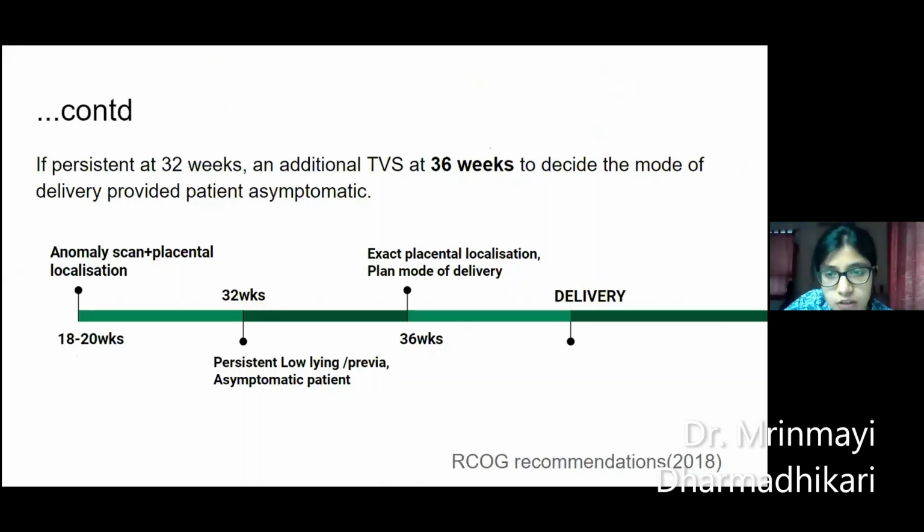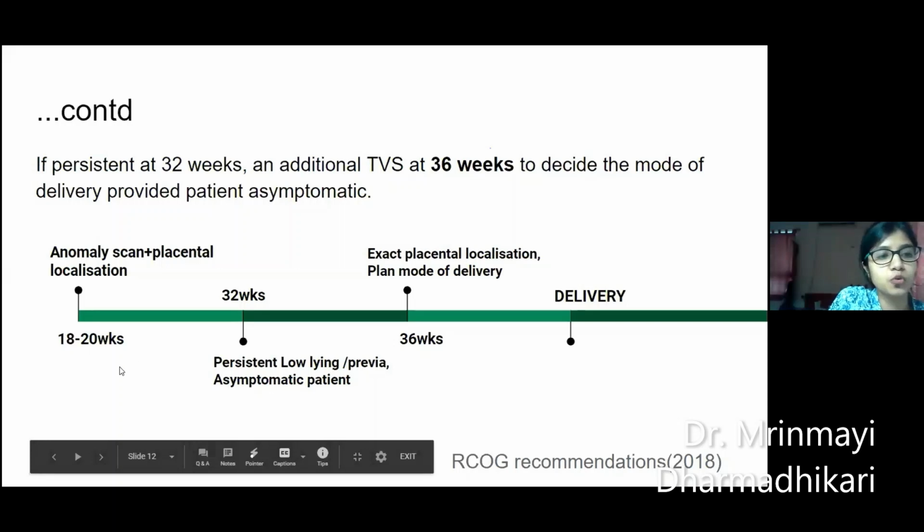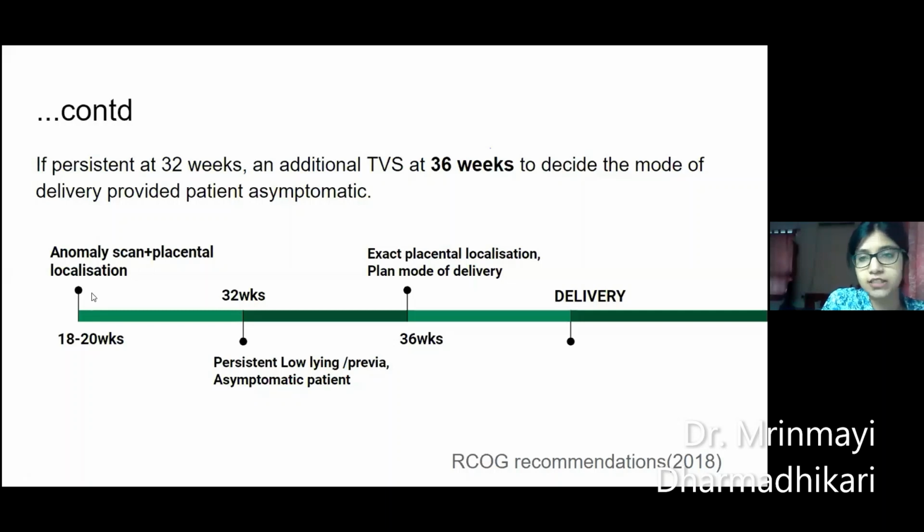And at 36 weeks, this scan will show you the exact placental location and will also help you in planning the mode of delivery. So to make things a little simpler, I have made this timeline for you, which will show you better what I'm trying to say. 18 to 20 weeks of gestation: anomaly scan plus placental localization.